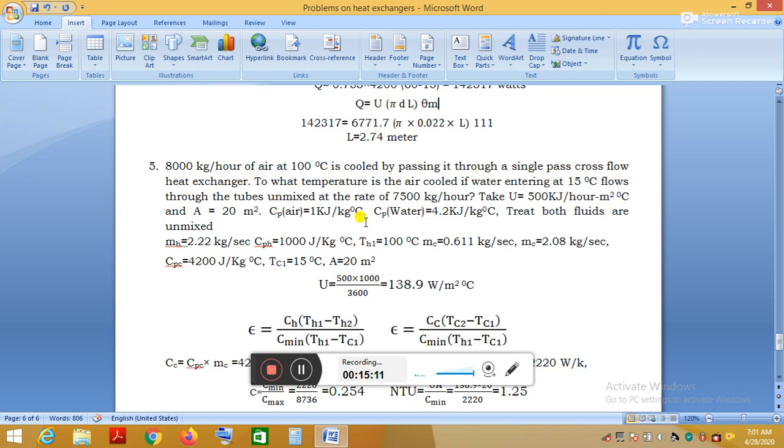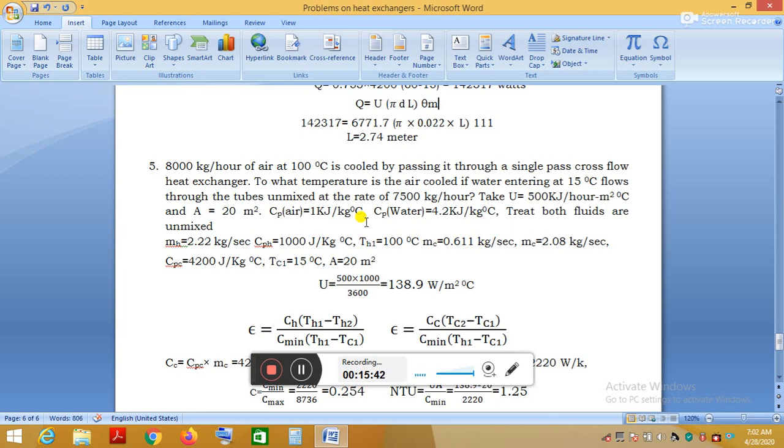If the water entering at 15 degrees Celsius flows through the tubes unmixed at the rate of 7500 kg per hour. That means here the heat exchanger is a mixed flow heat exchanger. And the air is cooling from 100 degrees Celsius to some temperature, and we need to find the outlet temperature of the hot fluid, that means air.